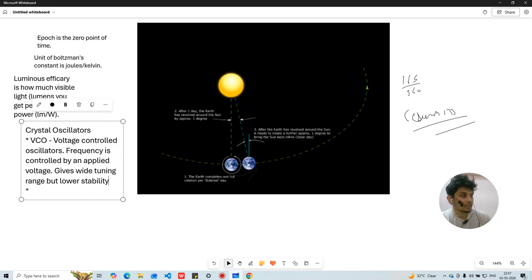TCXO, temperature compensated crystal oscillator.